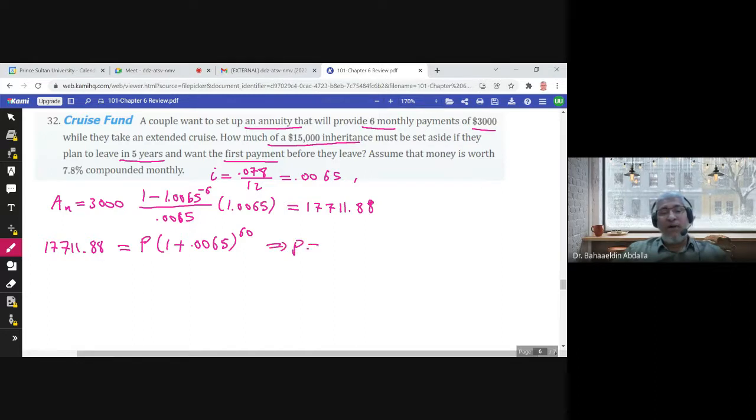You can divide this by this, and if you use the calculator, P is $12,007.09. So they must set aside this amount of money.